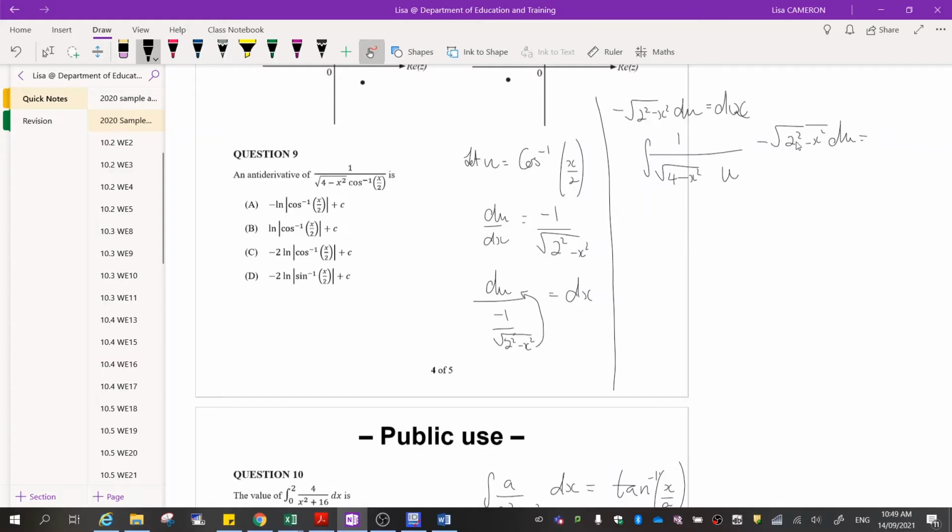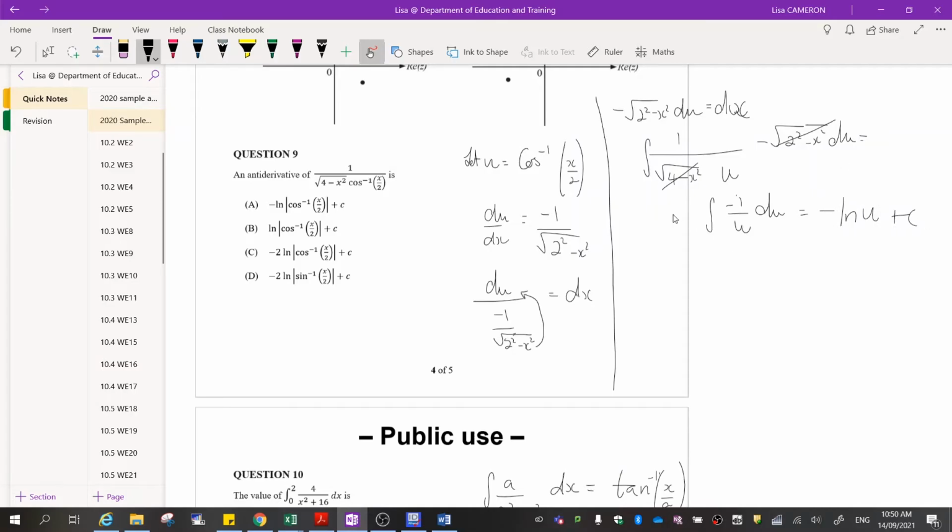Okay, so now you can see that this part and this part are pretty much the same. So this one can cancel this one, and so now I'm really integrating -1 over u with respect to u, which will become minus ln u, plus c.